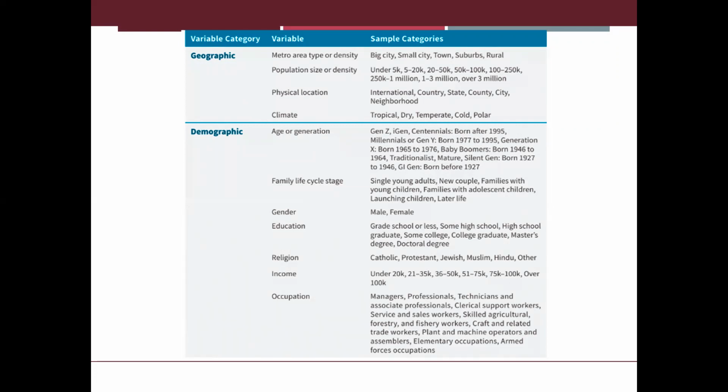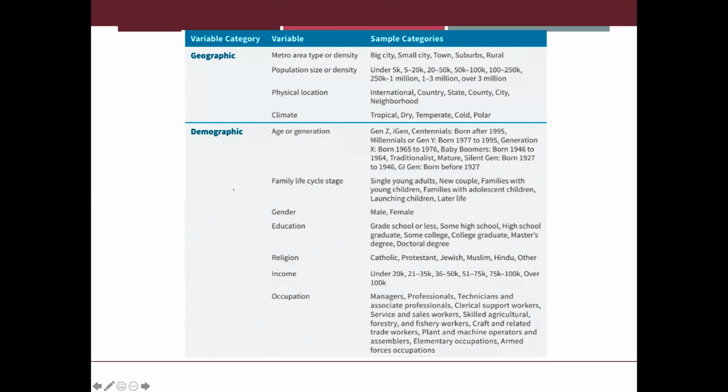And then we can also segment by climate. There are some things we could sell in a tropical climate that might not work so great in Alaska, where it's cold. And some things we could sell where it's cold all the time might not work so great in Miami. So we can break things down in our geographic section.